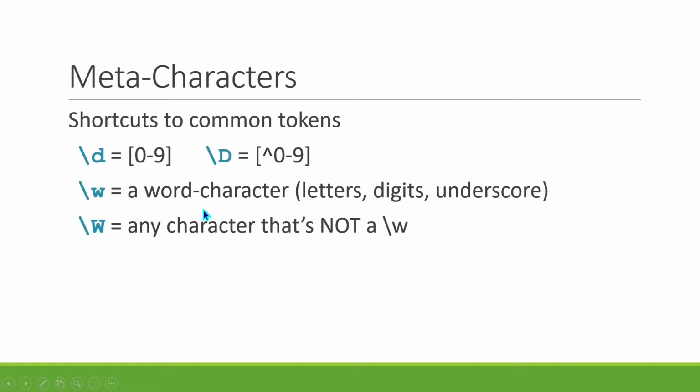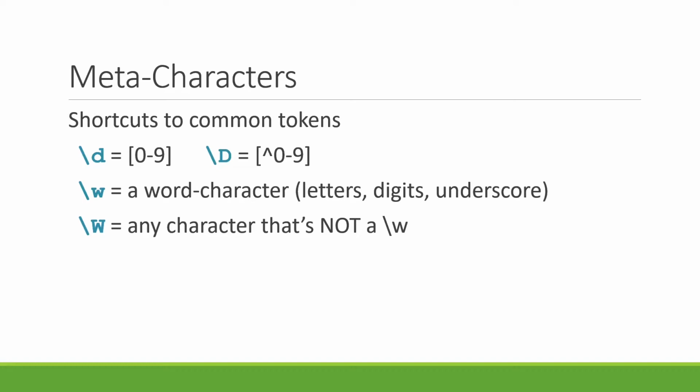Also, word characters. We haven't talked about word characters, but there's a \w, lowercase or uppercase. A word character is any character that's a lower or uppercase letter, a digit, or the underscore character. Those are all classified as word characters. The reason we have a shortcut for word characters is that this set of characters, letters, digits, and the underscore, are often used to match file names, email addresses, URLs, and lots of other things.